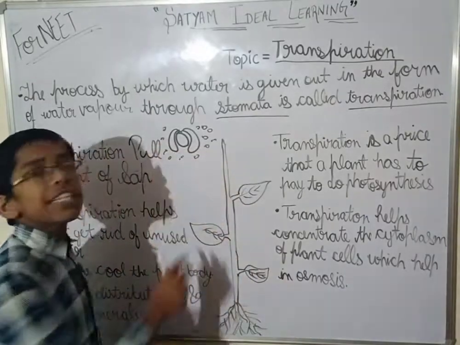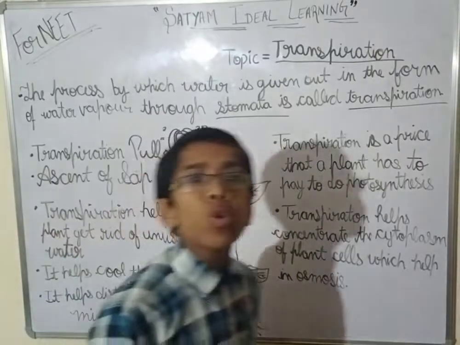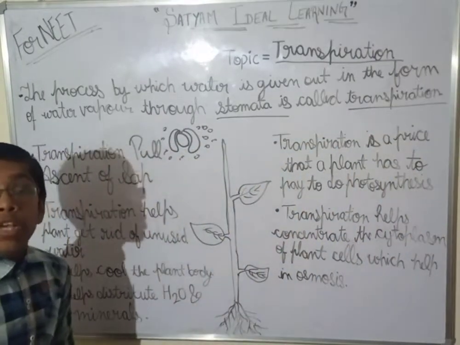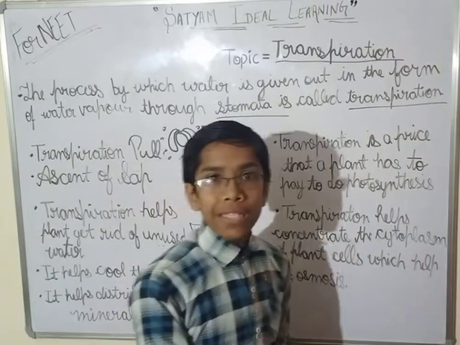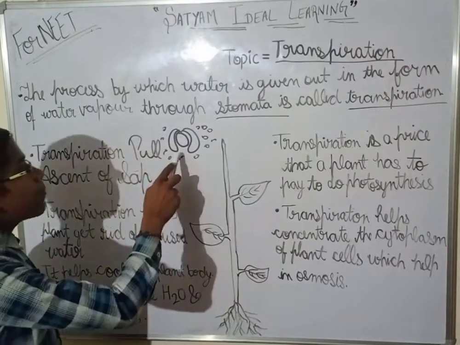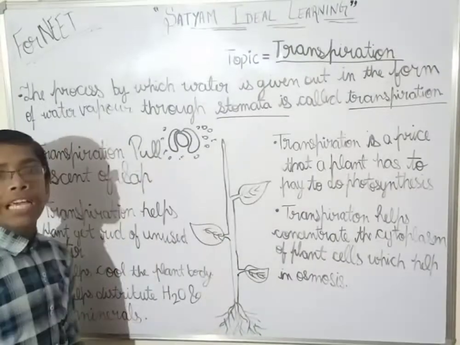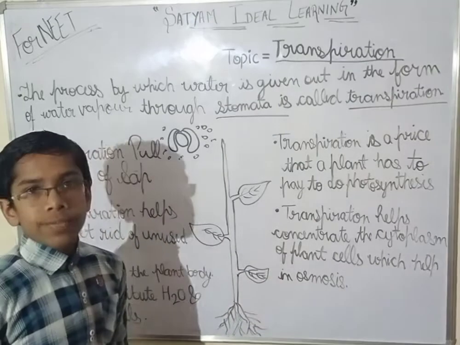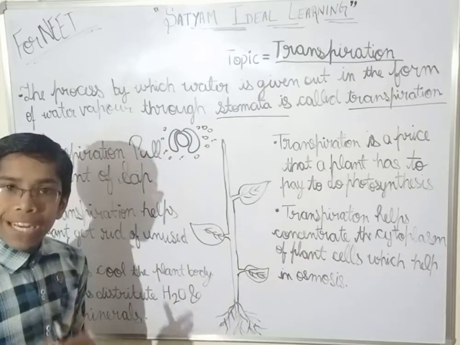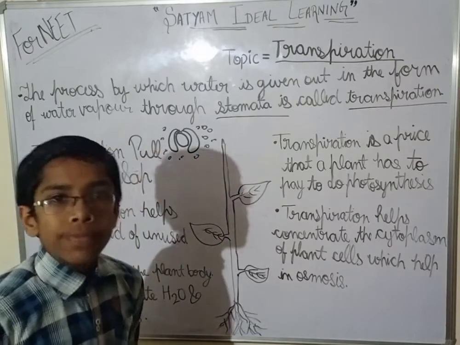So transpiration is a price that a plant has to pay in order to do photosynthesis. Like when you go to the market, you give the price of the thing you want to buy. So if the plant has to take carbon dioxide, it gives the price as water in the form of water vapor, and this is the transpiration.